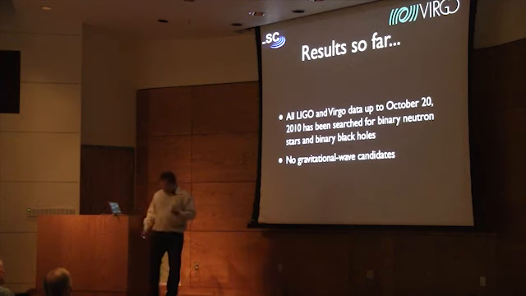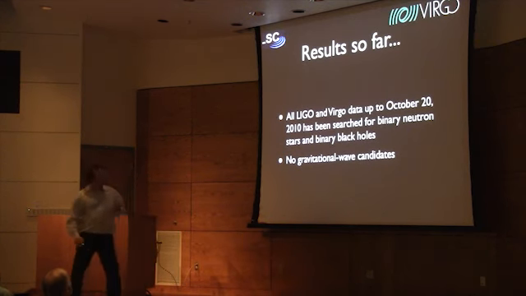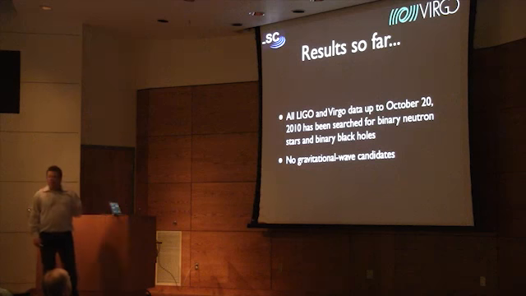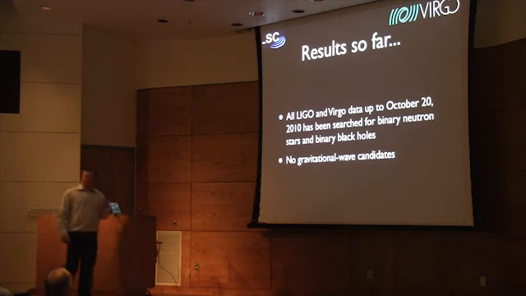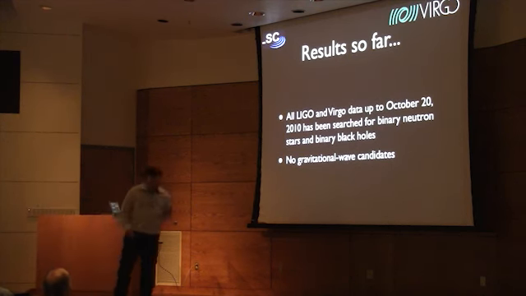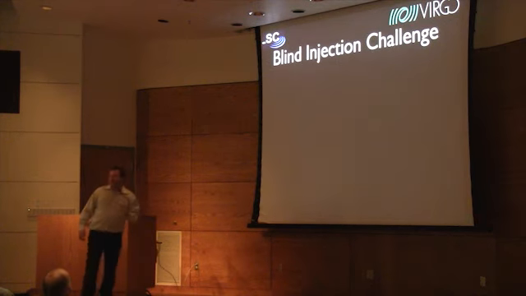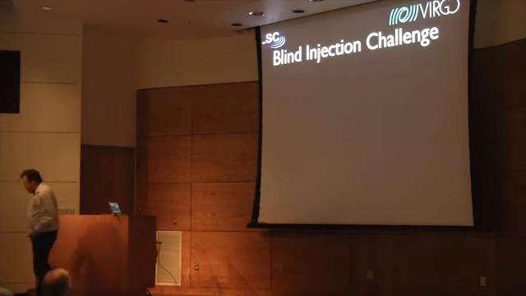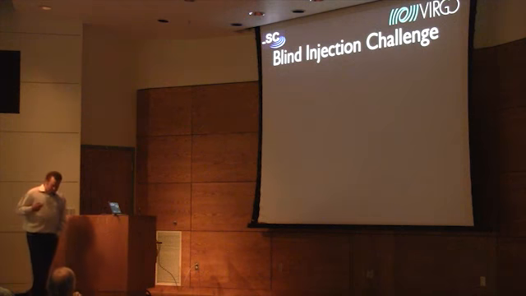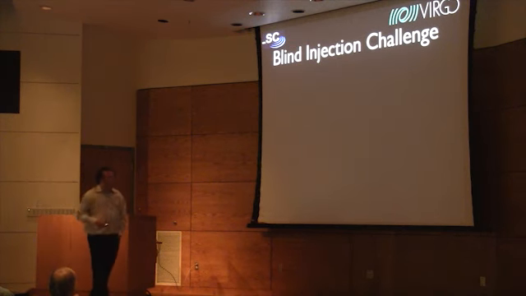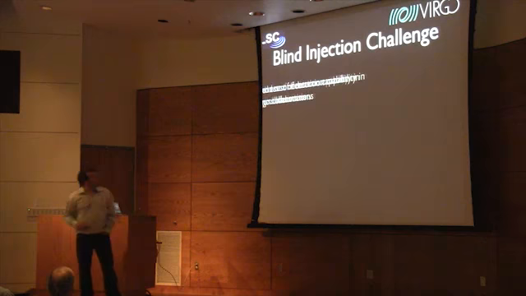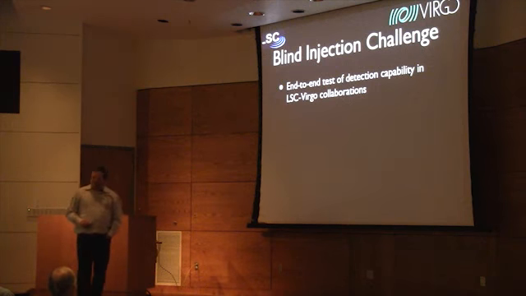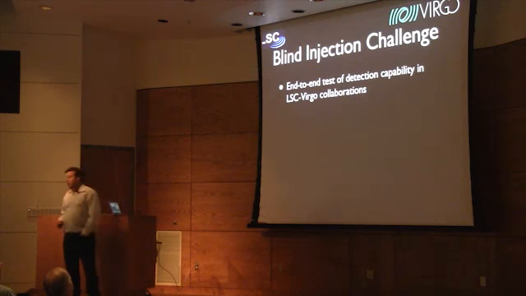We did do one thing though, kind of a masochistic thing actually in retrospect. In the data we took from the last 2 years of LIGO observations, we did something called a blind injection challenge. Because we knew it was possible but not probable we'd detect something with initial LIGO detectors, we said, okay, we'll do a secret end-to-end test of our detection capability in LIGO and Virgo.